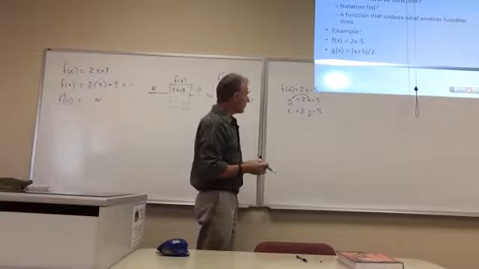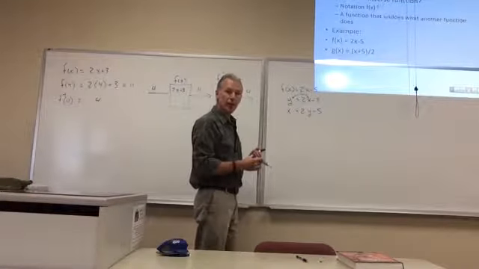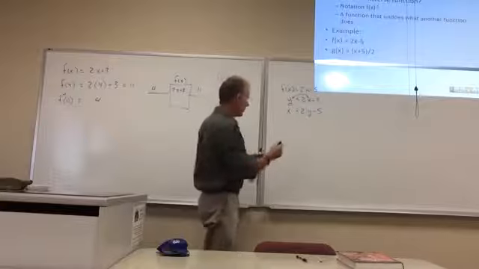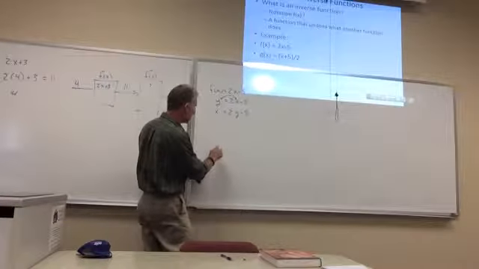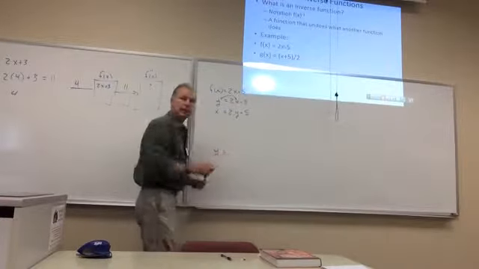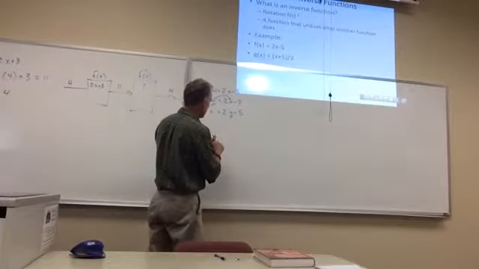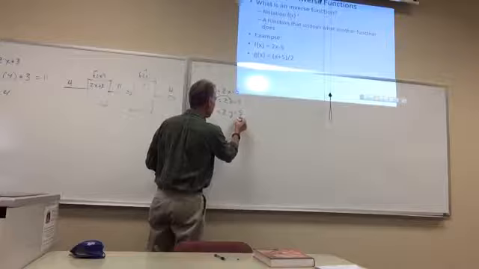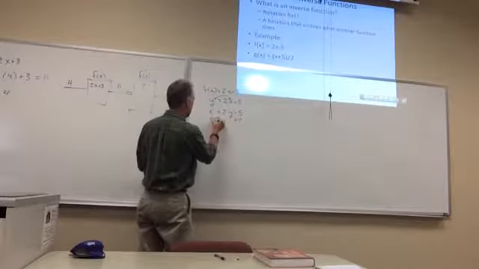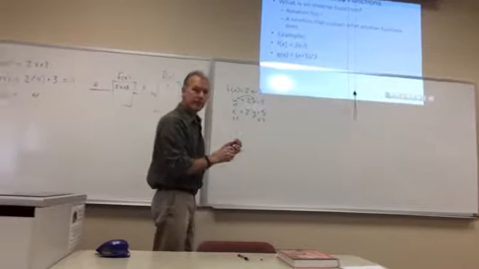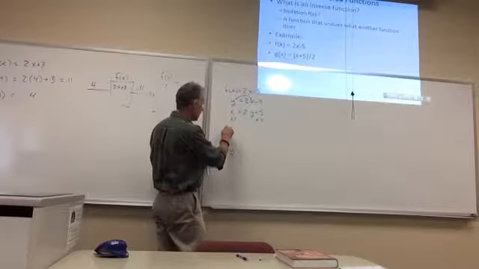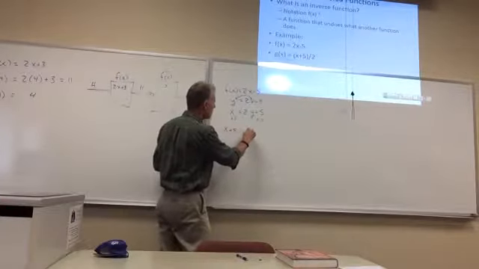Now, what we need to do is solve it again for y. In other words, we want to do some algebra here so that we end up with y equals again. So let's just do those. We would probably want to add 5. So now we have that x plus 5 is equal to 2y.